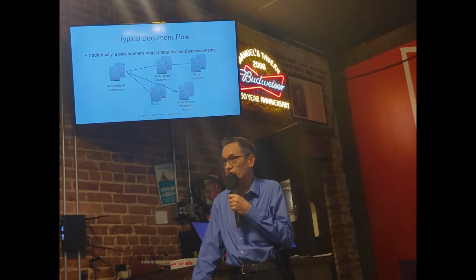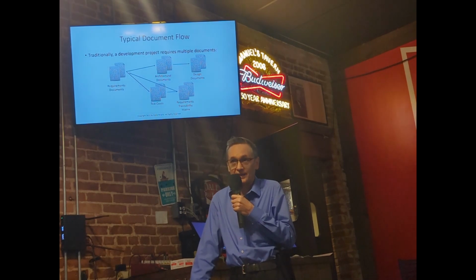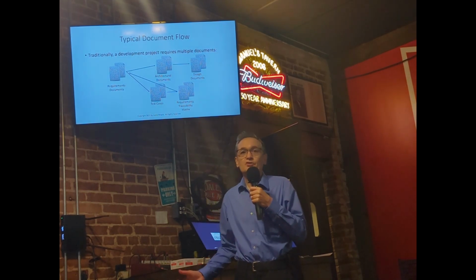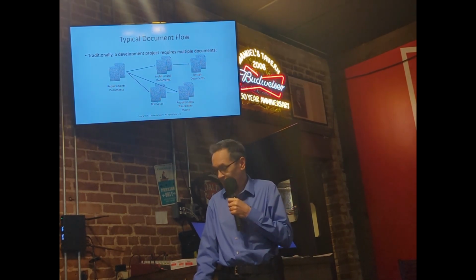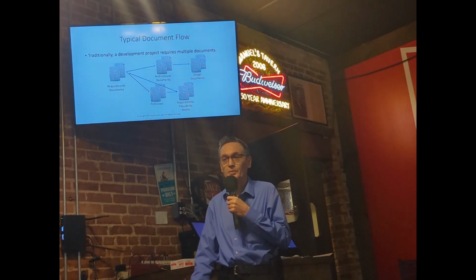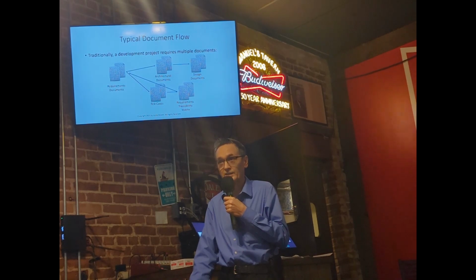So you know which test cases map back to which requirements, and when you've executed a test case, you know which requirements pass or fail. And these documents are all decoupled. If the requirements change, you have to manually propagate those changes to all the other documents.